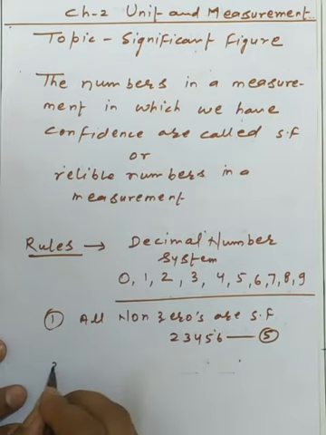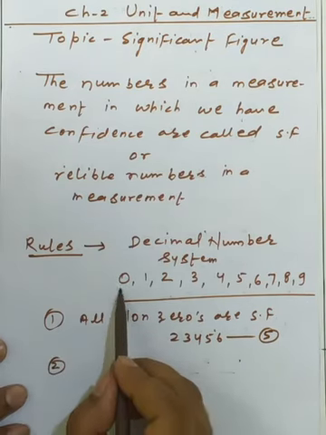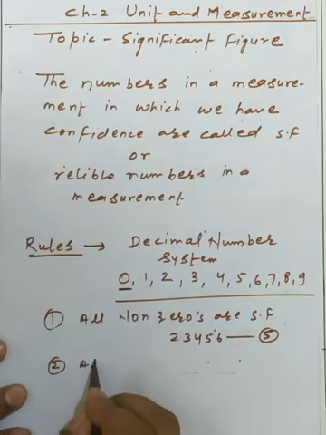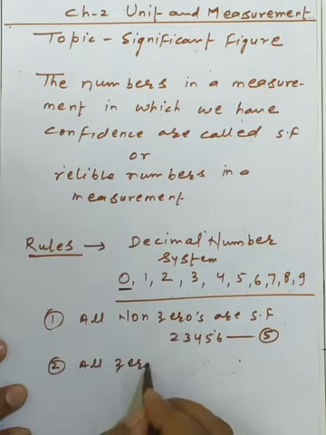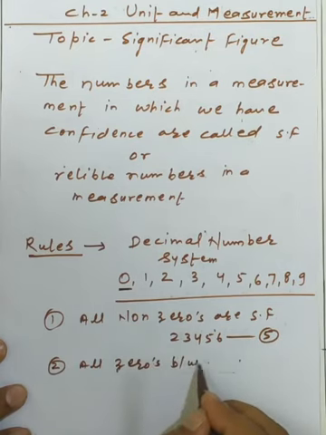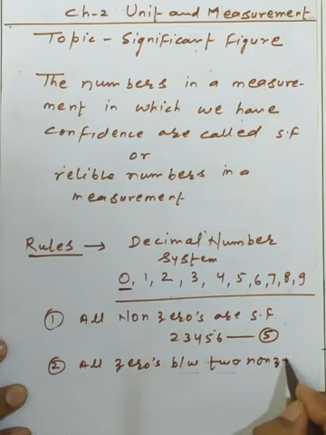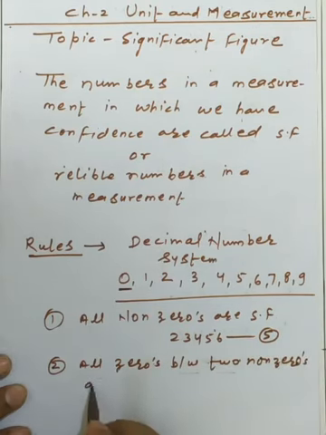Okay. Now rule number two: do we assume the 0 as an SF or not? The rule is, all zeros between two non-zeros are SF.